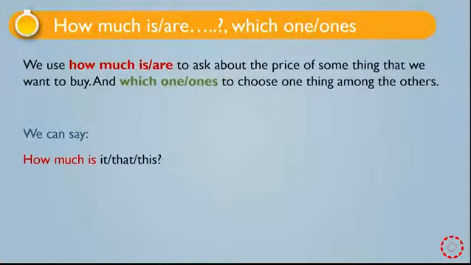If we want to ask about the price of something, we can say how much is it, or how much is that, how much is this, or how much are these, how much are those. You know that is is for singular and are is for plural.